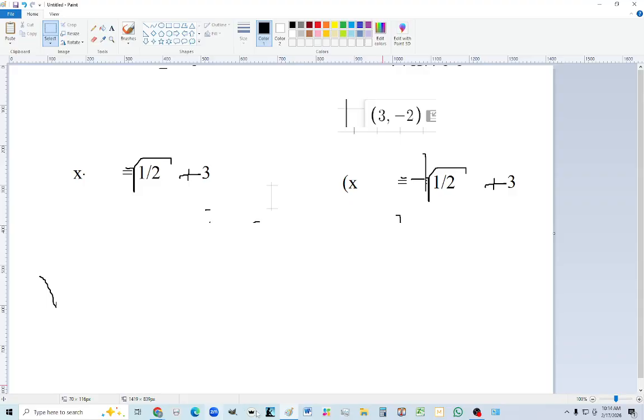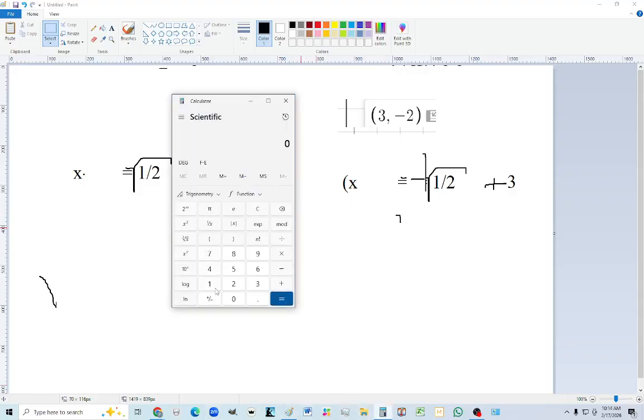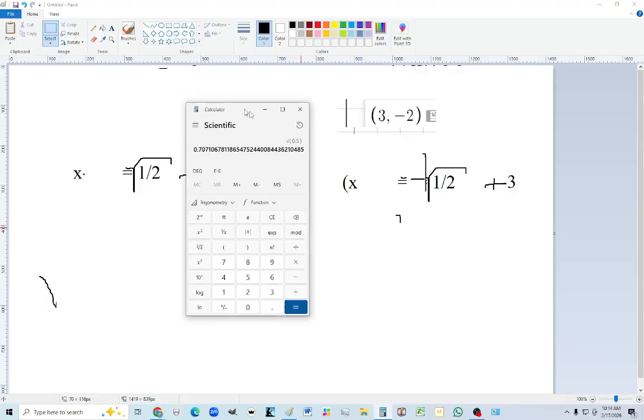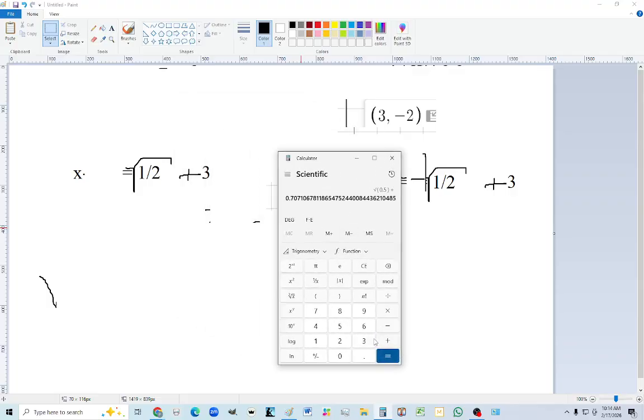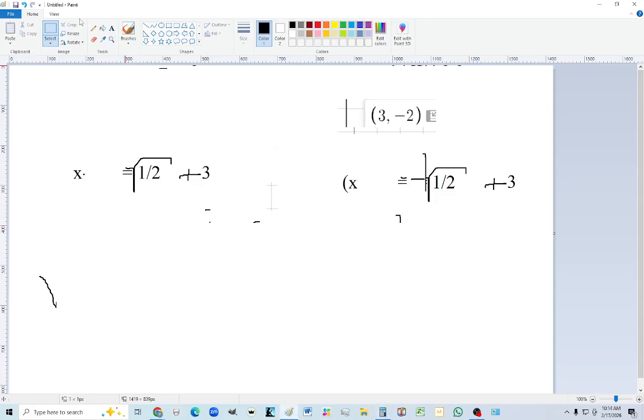Let's find the decimal version to see if we got it right. So square root of a half, we take 1 divided by 2, which is 0.5. We find the square root of it, 0.707. One of these we're going to add 3. We get this value. I'm rounding, keep in mind. Here's another thing, that square root is exact. The decimal's not exact.